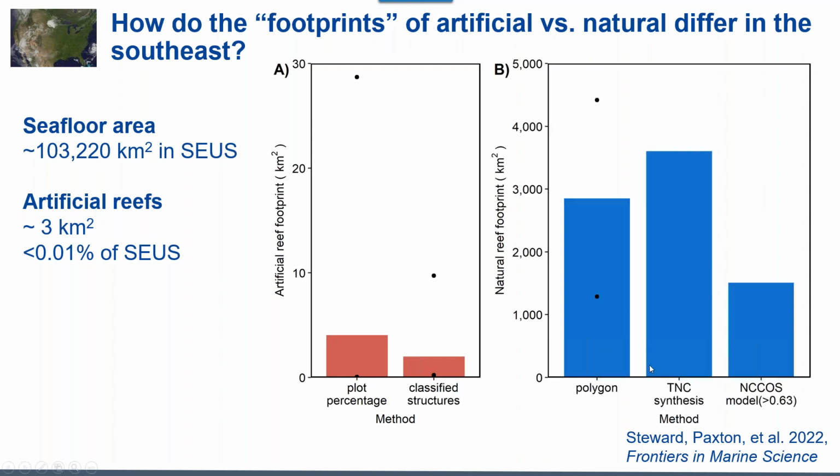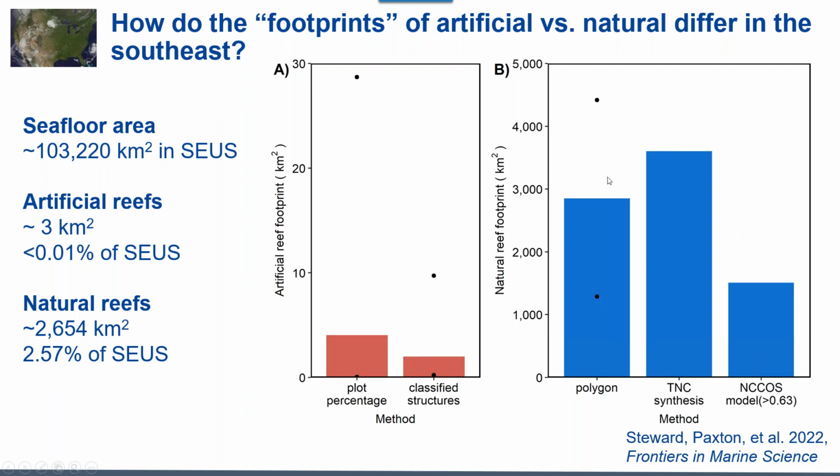And so when we did the similar exercise for the natural reefs using our three methods, our expert polygon delineation, the TNC synthesis, and the NCOS Maxent model, we found, notice the scale difference here on the y-axis, that natural reefs cover about 2,700 square kilometers of this region, which is just over 2.5%. And I should also point out these black dots.